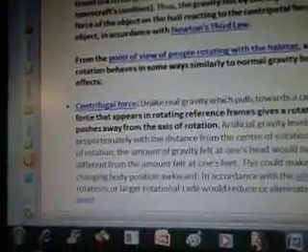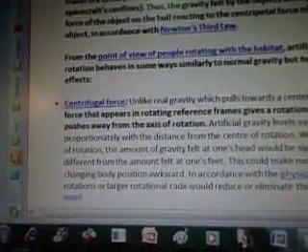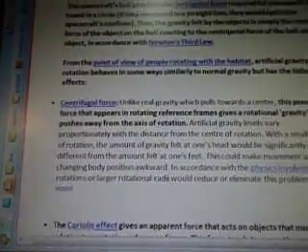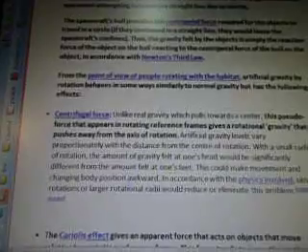From the point of view of people rotating with the habitat, artificial gravity by rotation behaves in some ways similarly to normal gravity, but has the following effects. Centrifugal force: this pseudo-force that appears in rotating reference frames gives a rotational gravity that pushes away from the axis of rotation.